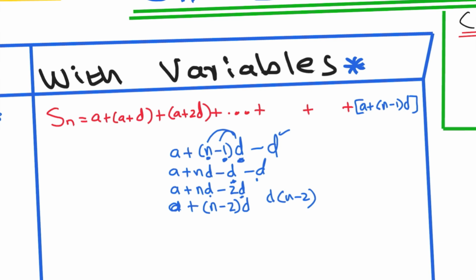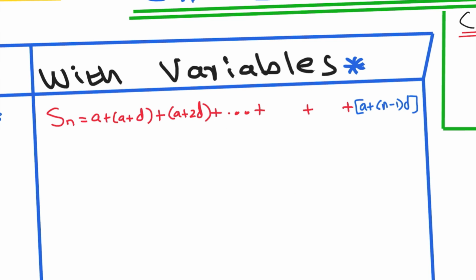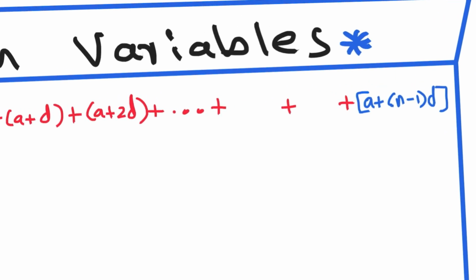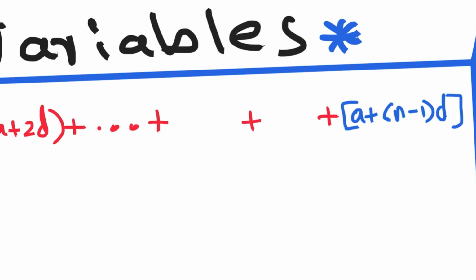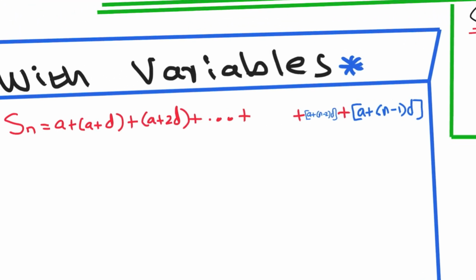So I'm going to wipe this one, and ding, ding, it has disappeared. Then I'm going to write it here, but with more space. Here I have my A plus n minus 2 into D, close. Clear?